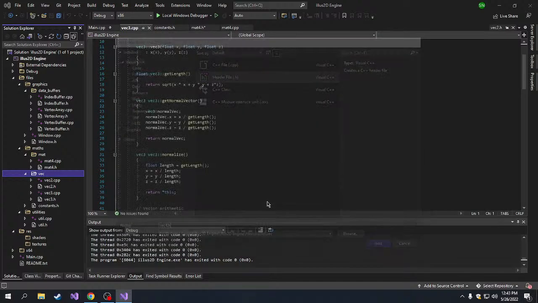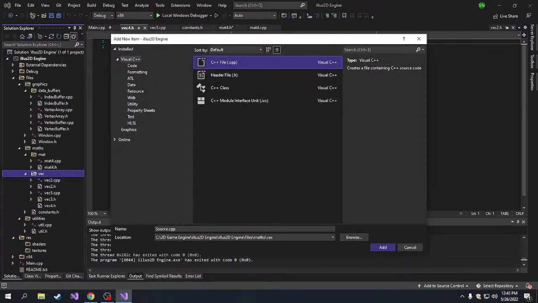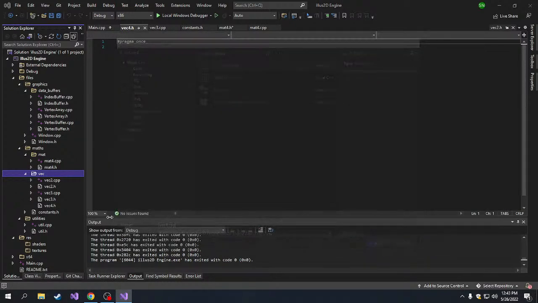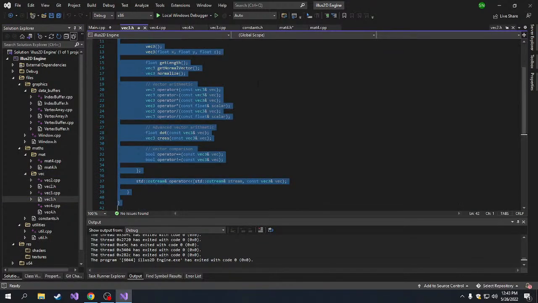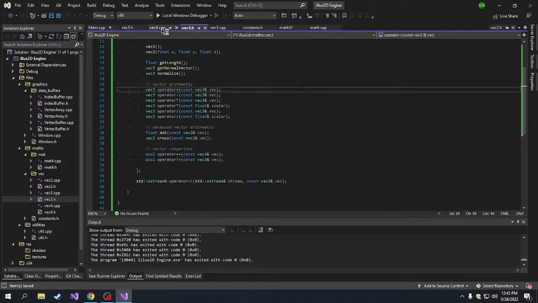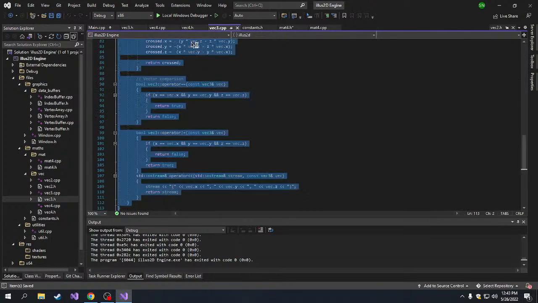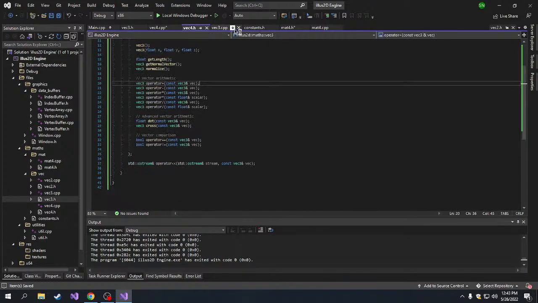Okay, vector4.h. Let's do it. Vector4.cpp. I'll literally just copy and paste this. Control C, Control V, vector3.cpp, Control C, Control V. I'll have to change a lot of stuff here.